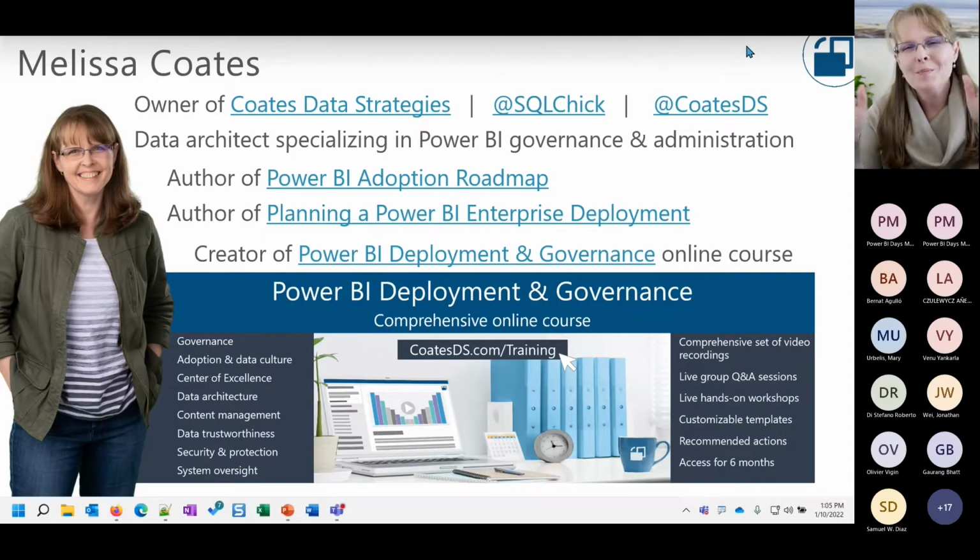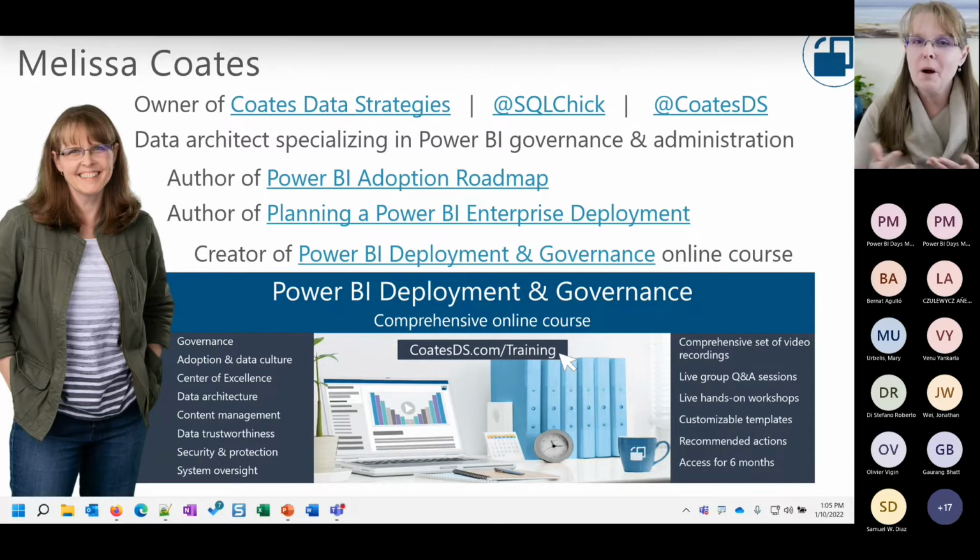Awesome. So as Gavin said, I'm Melissa Coates, and what makes me a little bit different from most Power BI people is that I more specialize in the governance administration side of things. If you asked me a complex DAX question, there's no way in the world I'm going to be able to help you. I have done a lot of technical writing for Microsoft.